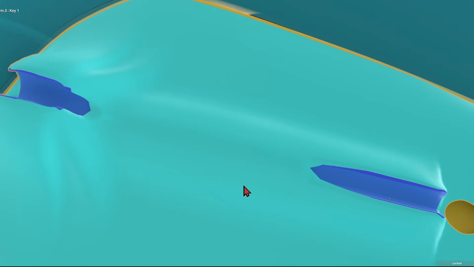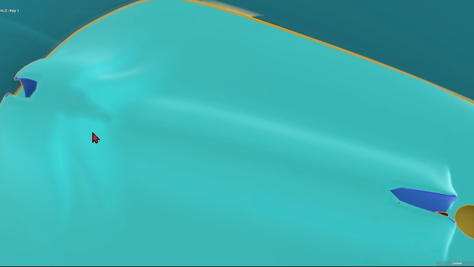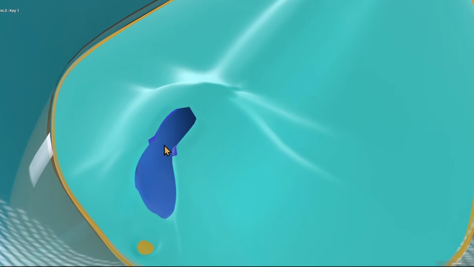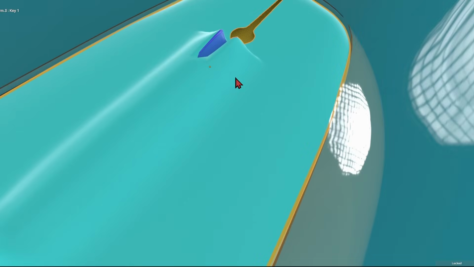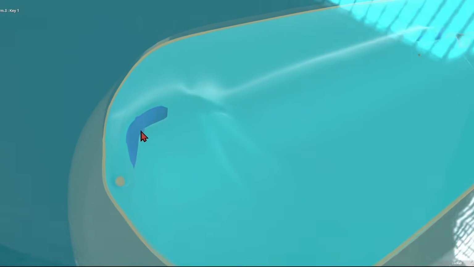So here they are fusing together, and before they are completely fused, let me stop it here. Here you can see that we still have these openings, this opening as well as this opening. This is the cranial opening, and this is the caudal opening.